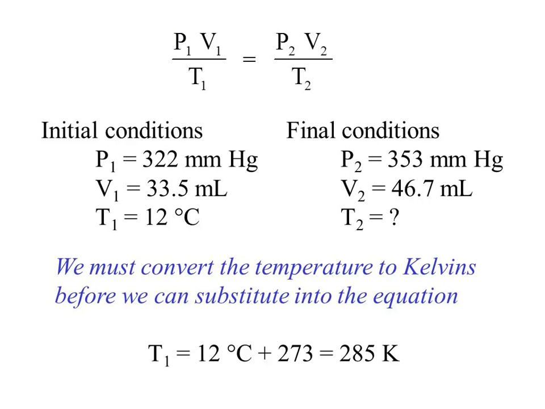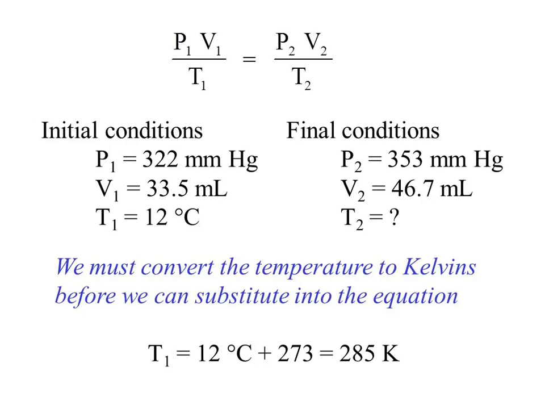Like I said in red a minute ago, you can leave the pressure in millimeters of mercury, that's fine, as long as it's in both states. And you can leave the volume, it could be in anything. But the temperature, you have to get to the temperature scale that actually has an absolute 0.